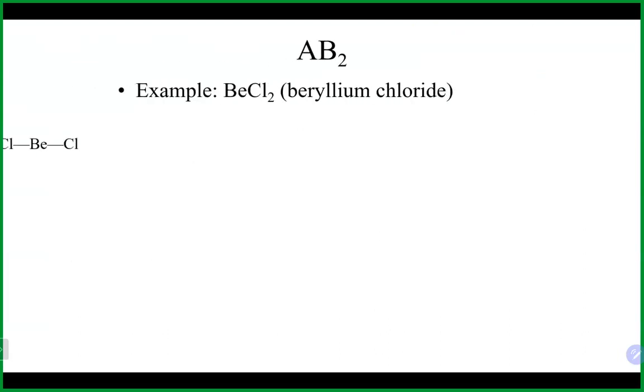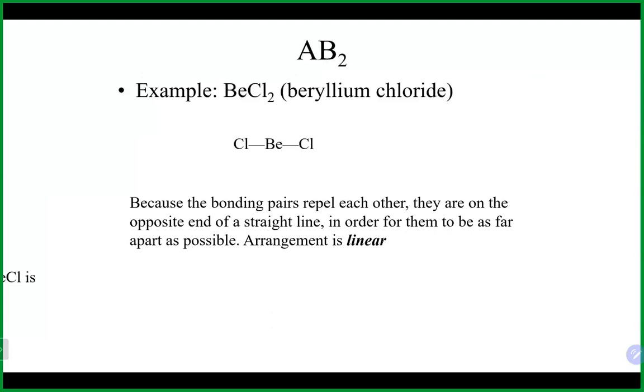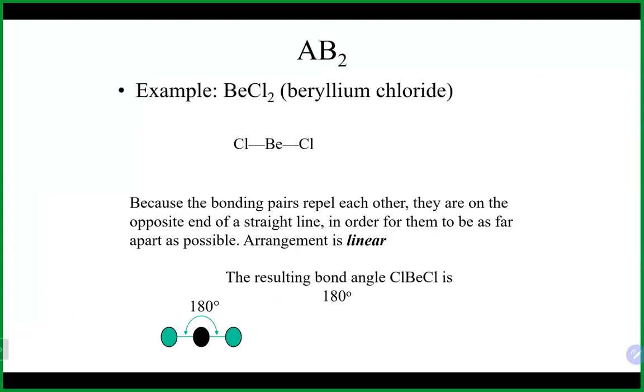So our first example here is beryllium chloride, which is an exception to the octet rule. It has less than 8 around it. So once again, we want to focus in on the central atom. The number of electron pairs here is 1 and 2, and the number of bonds is also 1 and 2 in this case.